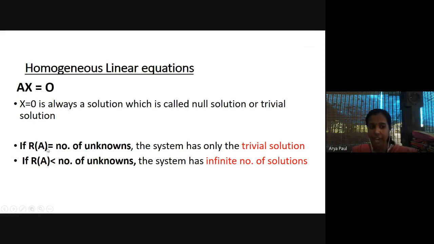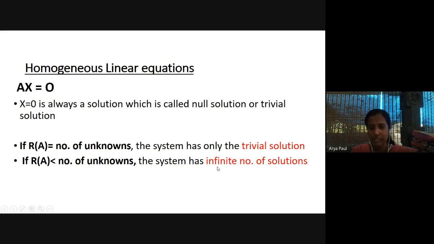If the rank of A is equal to the number of unknowns, then the system has only the trivial solution. Trivial solution means null solution. If the rank of A is less than the number of unknowns, then the system has an infinite number of solutions.